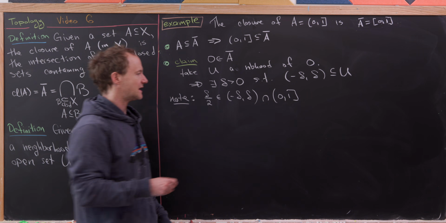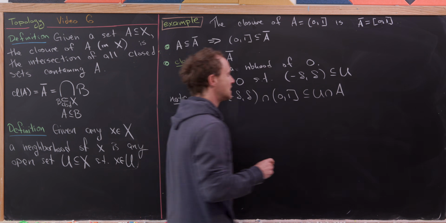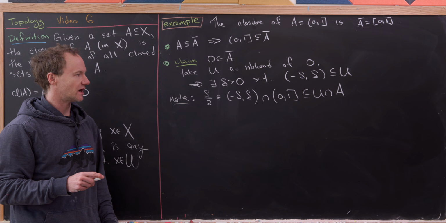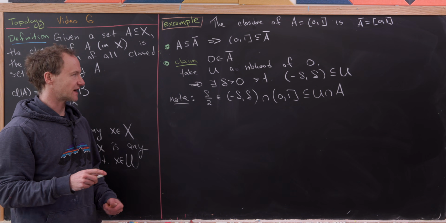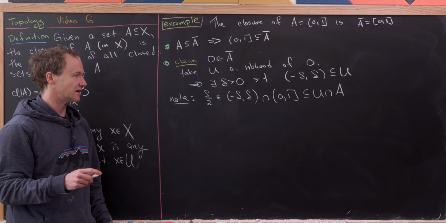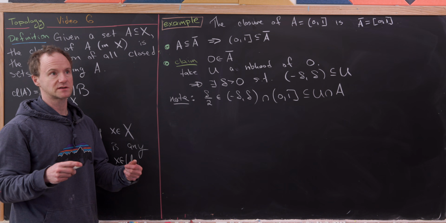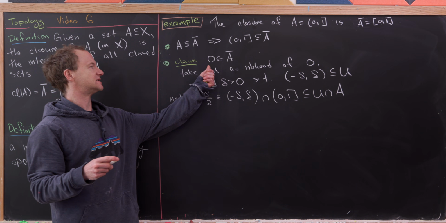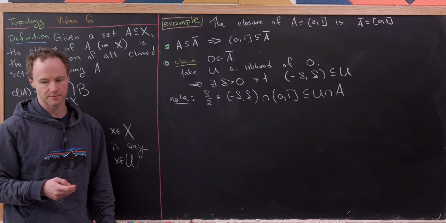Okay, but now let's observe that this is inside of U intersect A, proving that U and A have a non-trivial intersection. But then since U was taken to be an arbitrary neighborhood, well, that's exactly what we needed to end up proving to show that 0 is inside of the closure of A using that previous theorem.